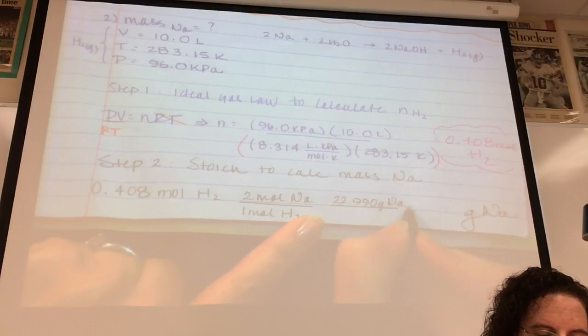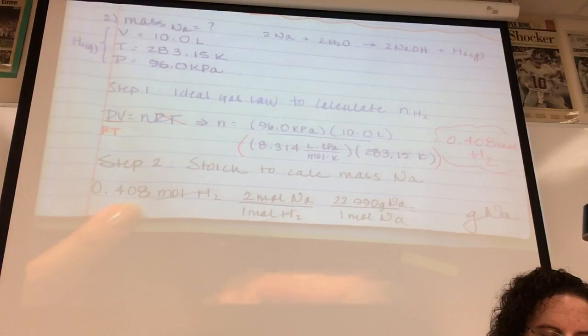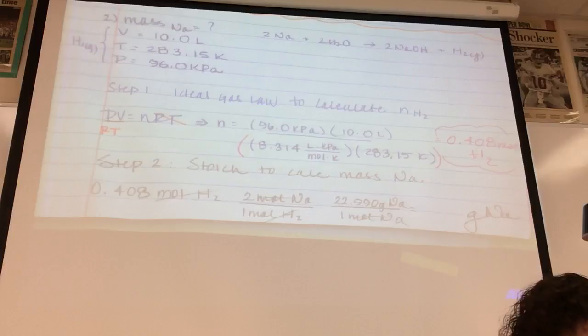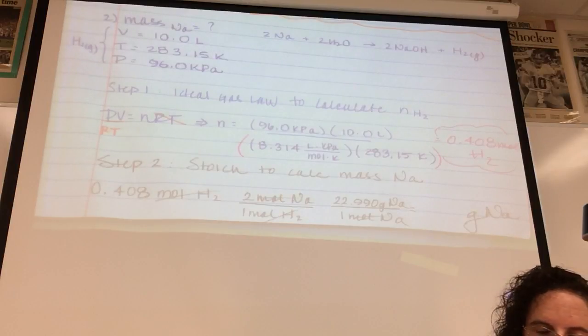You got it. So here's your mole to mass conversion. So cancel, cancel, cancel, cancel. And you have 0.408 times 2 times 22.99. And that's 18.8 grams of sodium.